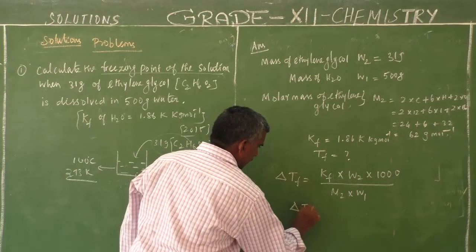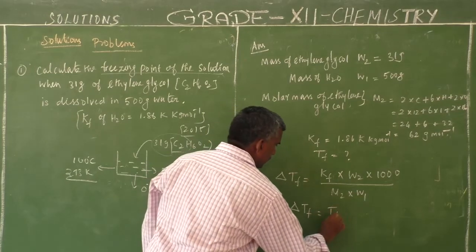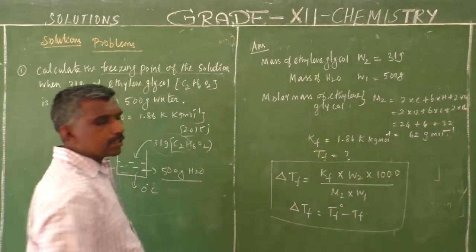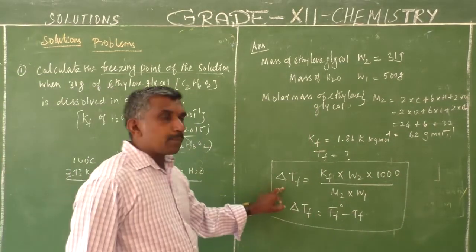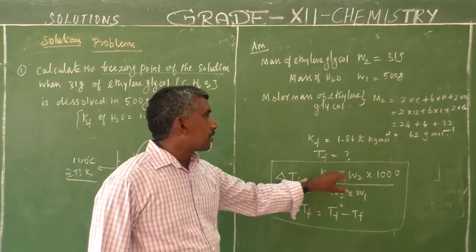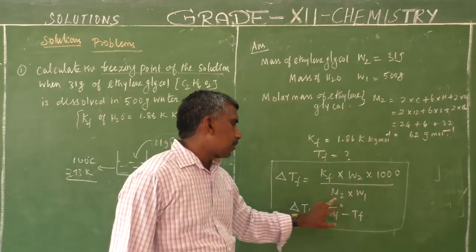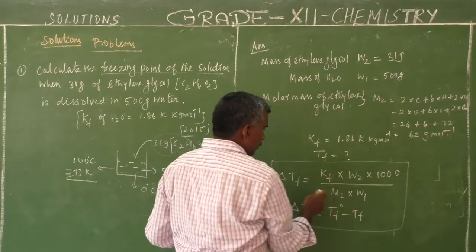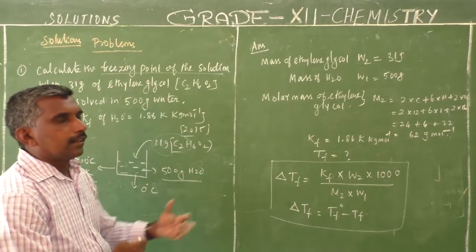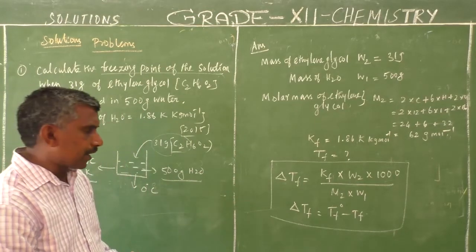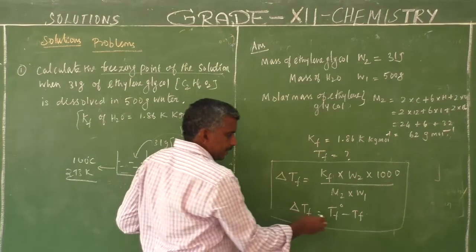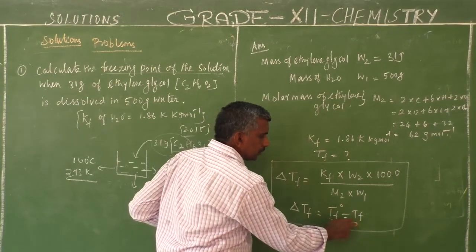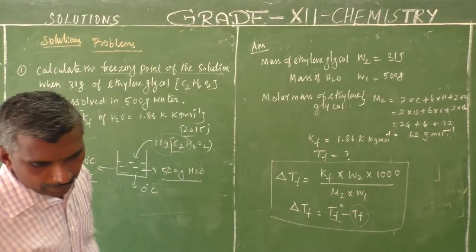The second formula is delta Tf equal to Tf0 minus Tf, where Tf0 is the pure solvent freezing point and Tf is the solution's. In this problem we use these two formulas to find Tf.